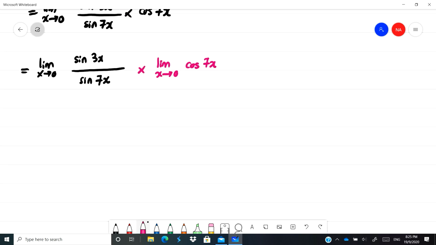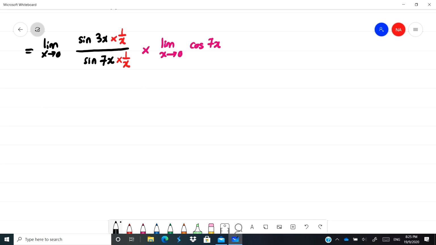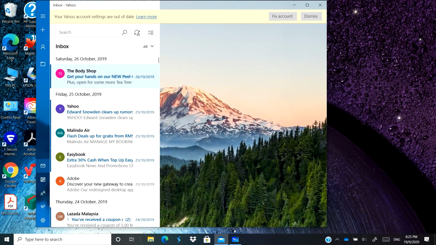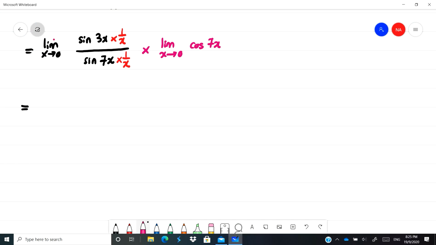Now I'm going to multiply with 1 over x, but you cannot simply put 1 over x there. If you multiply 1 over x at the numerator, you have to multiply the denominator with 1 over x as well. So we'll have something like this. Now I'm going to distribute the limit again, at the numerator and also the denominator.